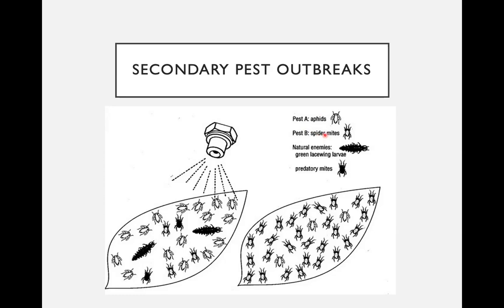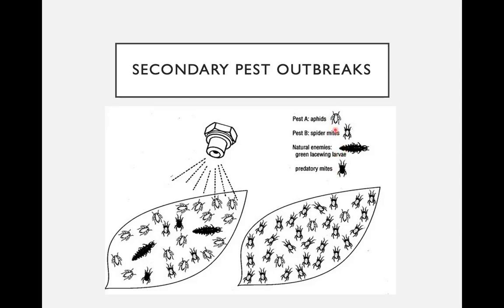The aphid is the pest that we're trying to control, and the spider mites are there, but they're maybe not a big issue to us. We don't see them as causing any economic damage right now because they're being held in check by these predatory mites.